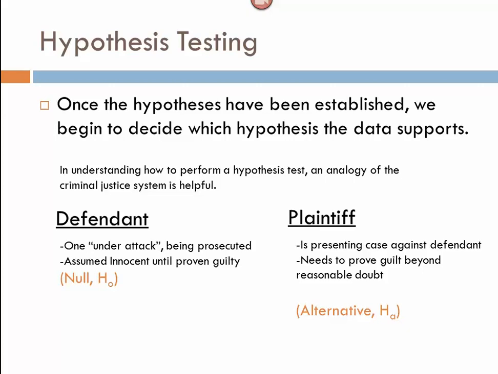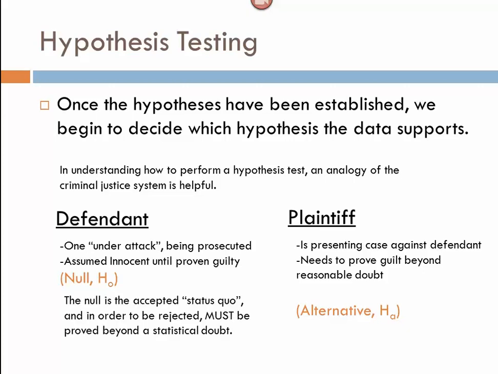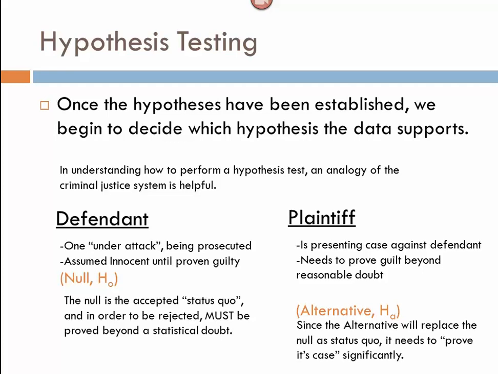We assume that the null hypothesis is true, and so we give it precedence over the alternative. The alternative would replace the null as the new current status quo, and so it needs to prove its case significantly. So this goes back to the idea that we are assuming the null is true unless the evidence goes the other way.